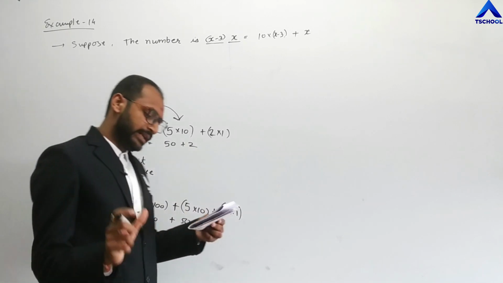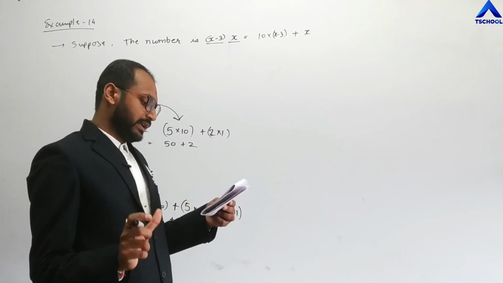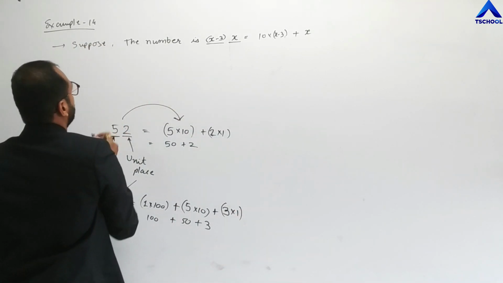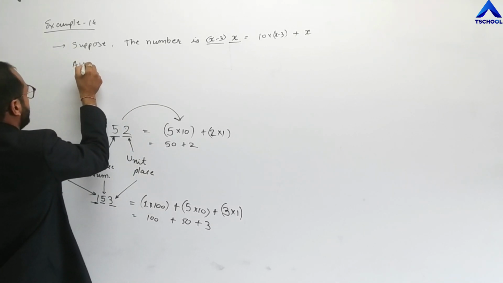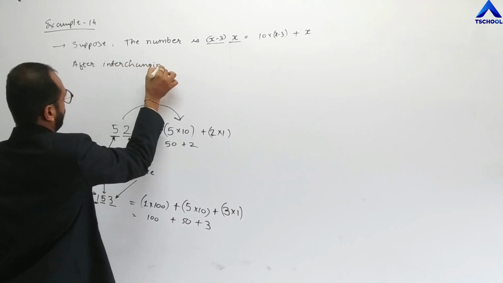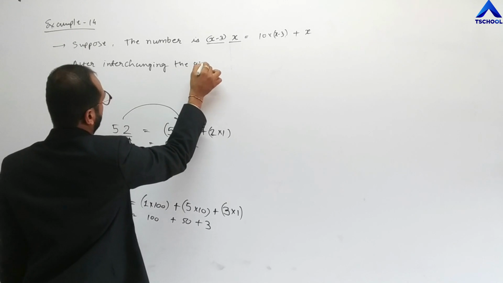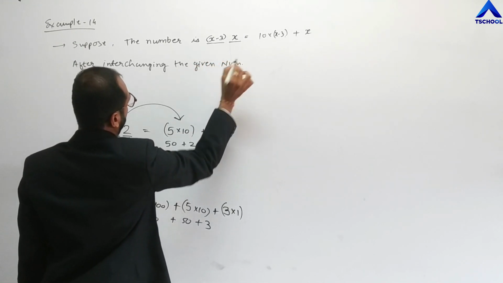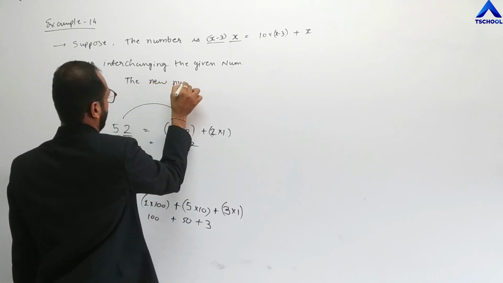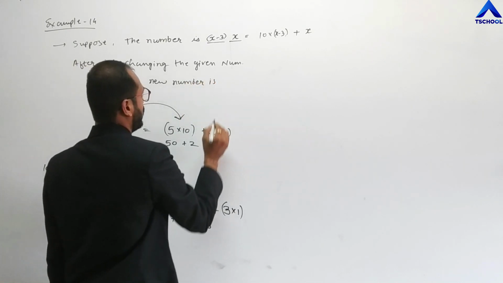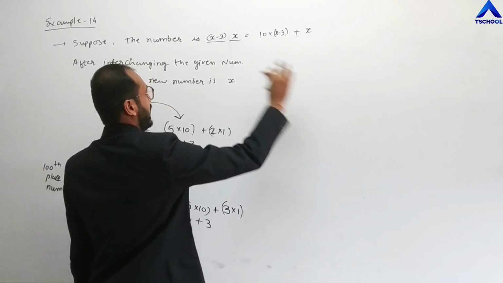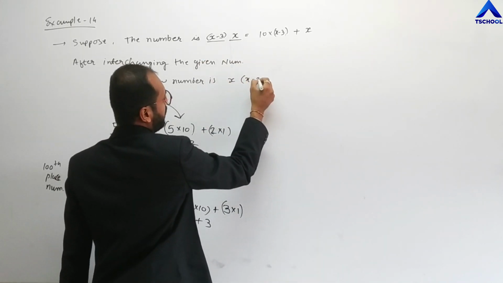If the digits are interchanged and the resulting number is added to the original number, so after interchanging, the new number becomes: this unit place digit comes to the 10th place, and the 10th place digit comes to the unit place, x and x minus 3.